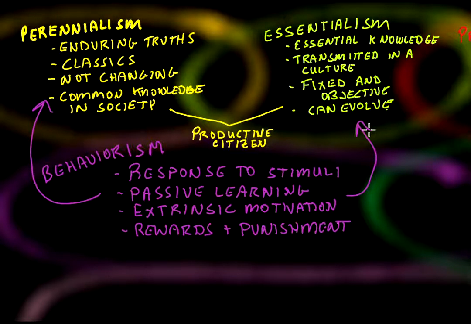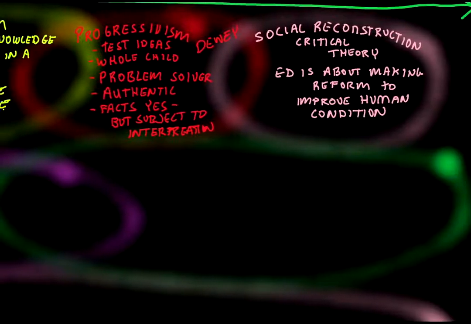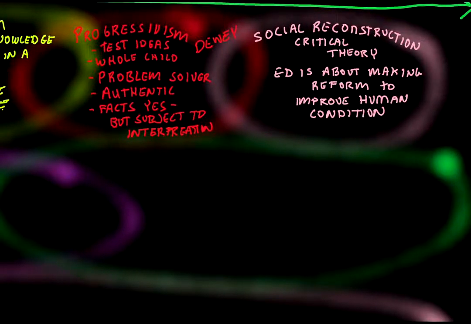So you can see how this aligns to perennialism and essentialism, because it's about objective reality and the teacher disseminating that information and giving it to the learner. And the learner is this fixed entity taking in this fixed bit of information, and the teacher is kind of imprinting that knowledge and skills and behavior on the student to become a productive citizen.